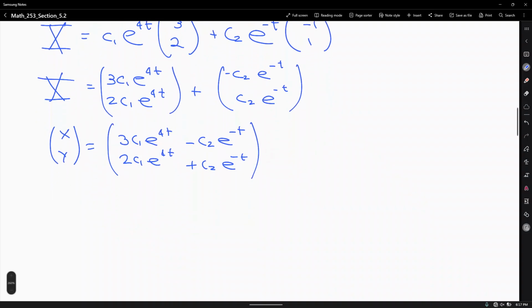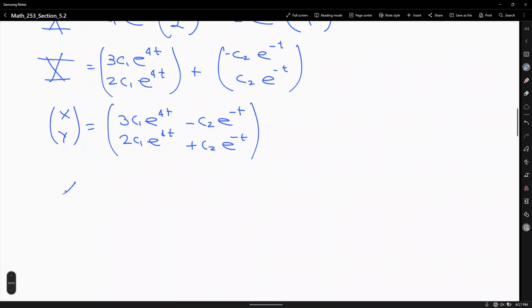If you don't like this vector form, write it as a set of equations. X equals 3C1 e to the 4t minus C2 e to the negative t. Y equals 2C1 e to the 4t plus C2 e to the negative t. And put curly braces to put this together. Goodness, I wonder if that kind of looks familiar from something you've seen before in the past. And if so, what does that look like?